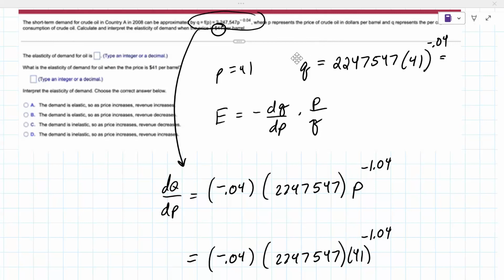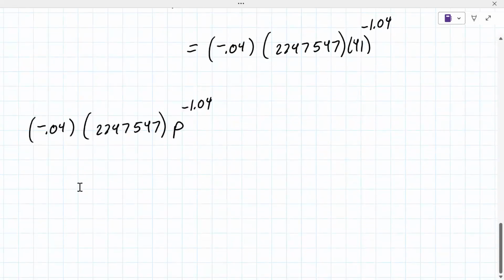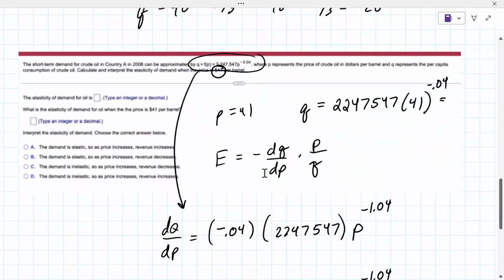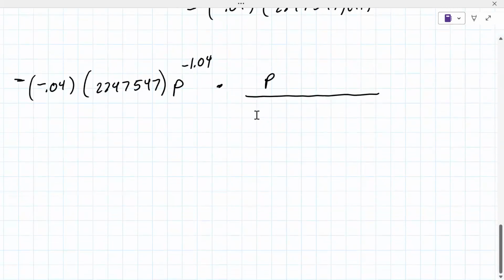Okay, so the first box, let me grab a snip here. Okay, so for that first box, it's this with a negative out in front times P over the original function here with a P instead of that. So it's 0.04 minus 0.04.